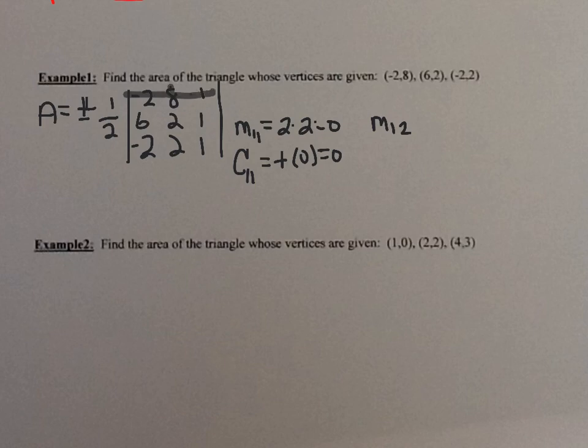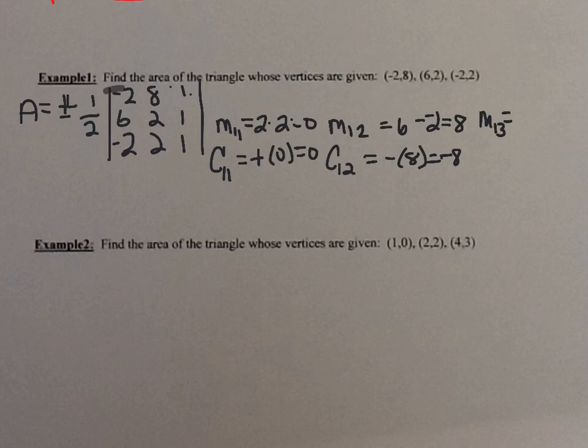So minor 1, 2, we would take out those, and I'm left with 6, 1, negative 2, 1. So that's going to be 6 times 1 is 6, minus 2 times negative 1 is negative 2, which is going to give me 8. So my cofactor is negative 1 to the third power, which is going to be negative times 8, which is negative 8. And then I need to do minor 1, 3. So I'm going to squeeze that in there, sorry.